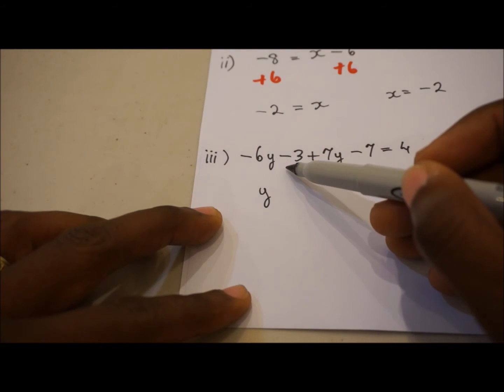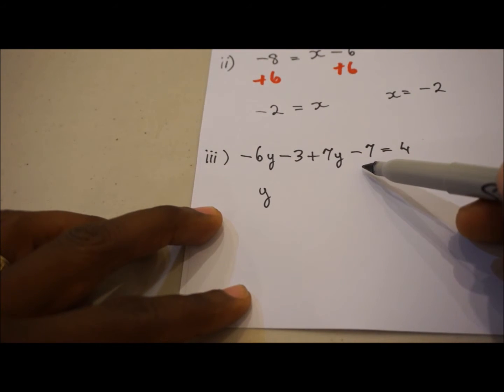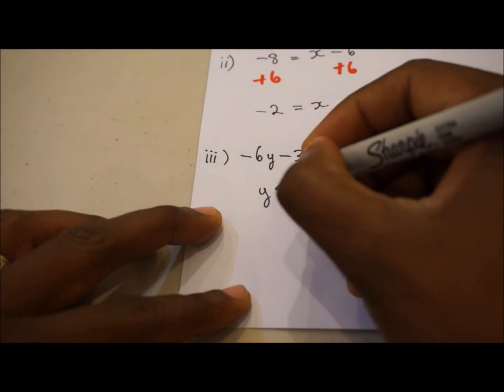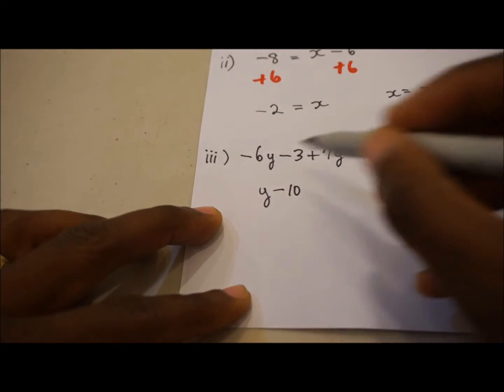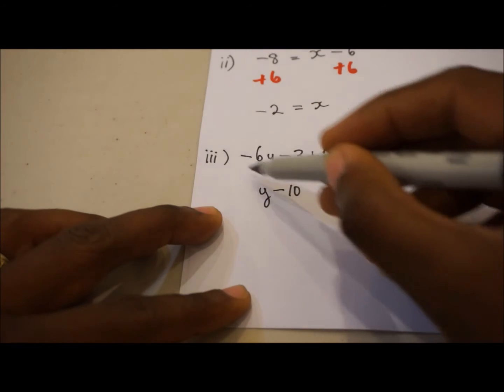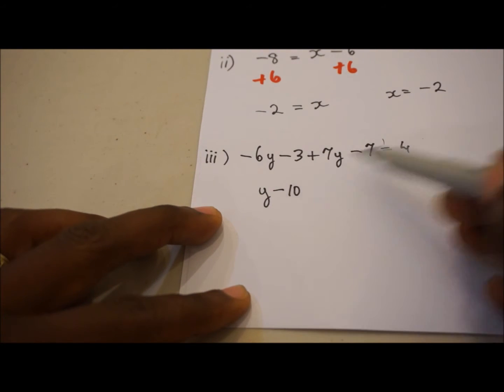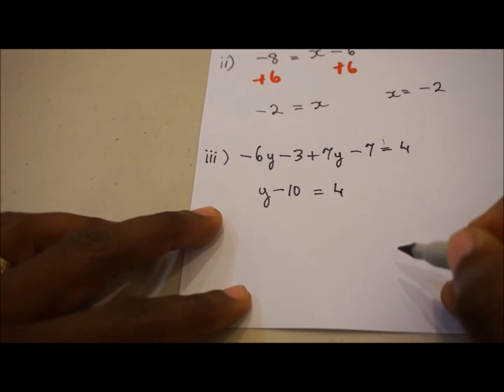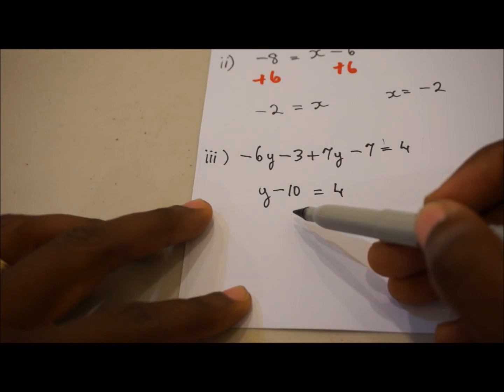Now, negative 3 needs to combine with negative 7. So negative 3 plus negative 7 gives me negative 10. So this portion of my equation is simplified to this. The equal sign now comes back. 4 now comes back. And notice how simple my problem looks.